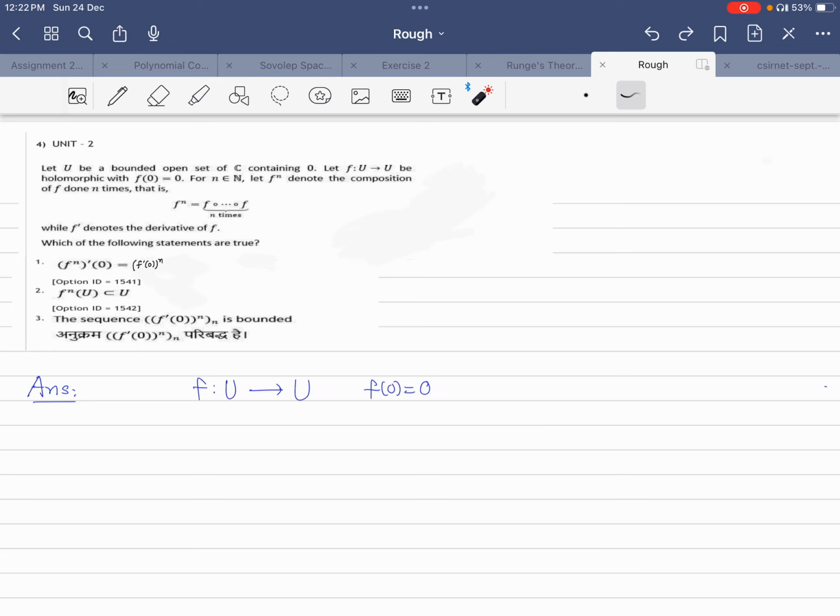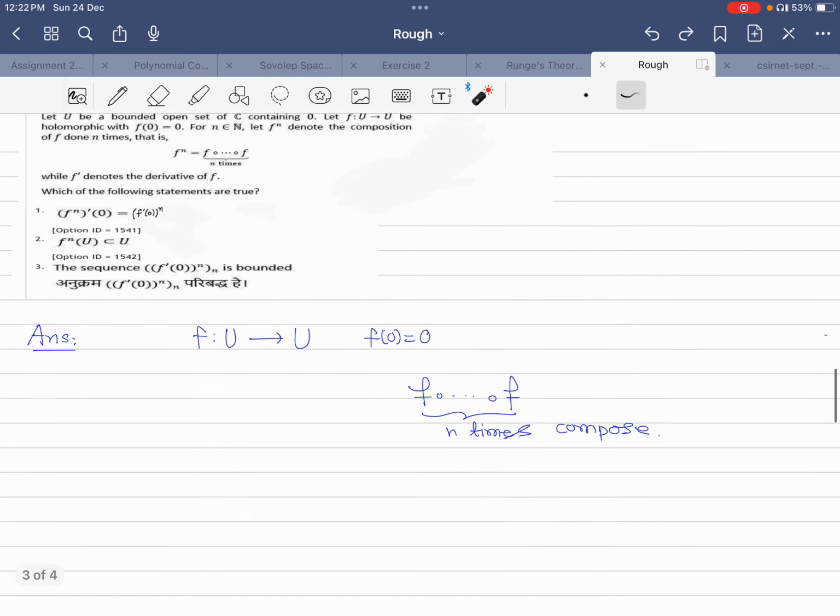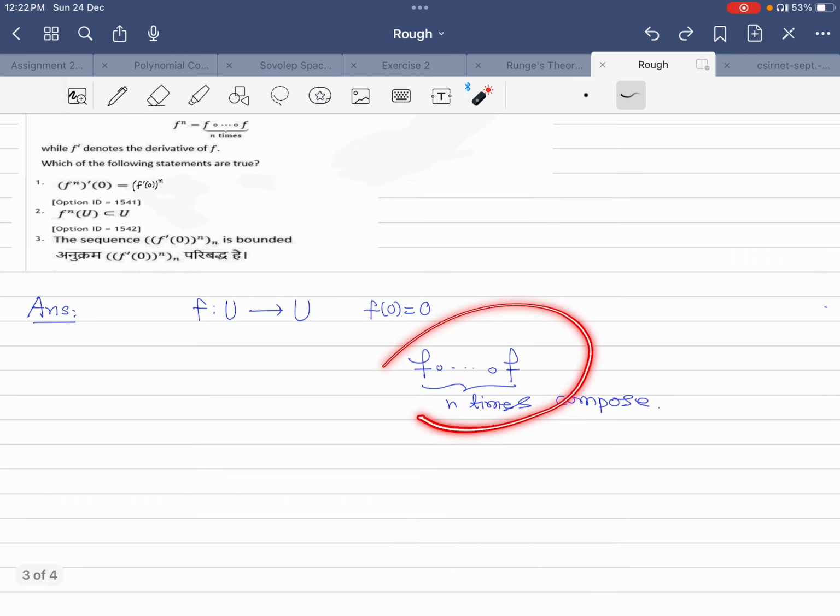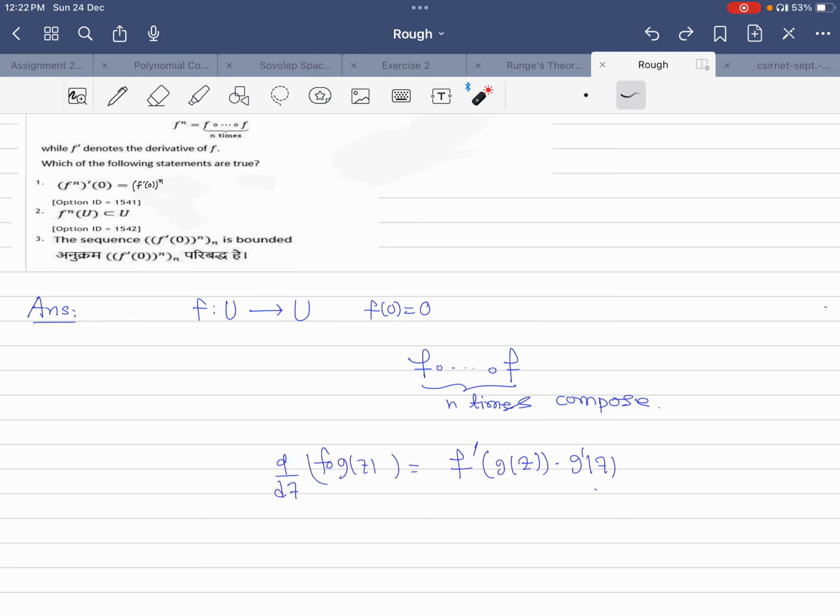First of all, I wrote what f composition looks like. We have to find about f n prime, f n prime of z. So let's see how this works.